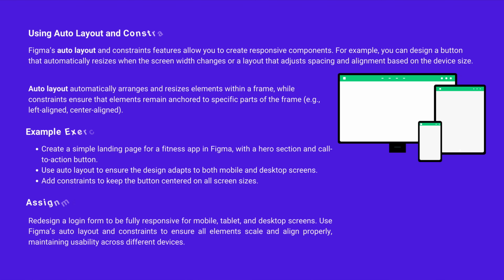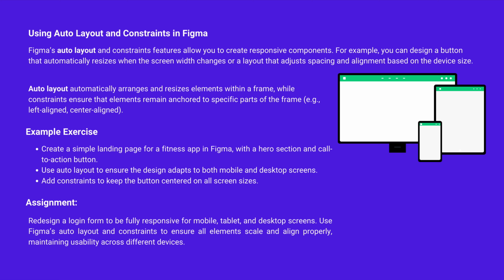To achieve these responsive designs in Figma, we're going to be using auto layout and constraints. Auto layout and constraint features allow you to create responsive components. For example, you can design a button that automatically resizes when the screen width changes, or a layout that adjusts spacing and alignment based on the device size.